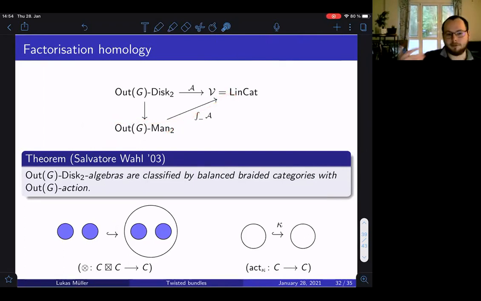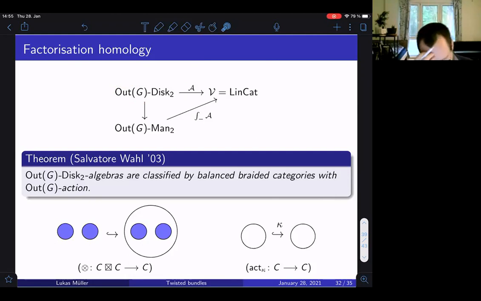And we want to be able to somehow reconstruct it from something local. And the local thing is a category of disks. These are two-dimensional manifolds which are disjoint unions of disks and all equipped with G bundles. And then the morphisms are just embeddings, which might be combined with gauge transformations of the bundles.